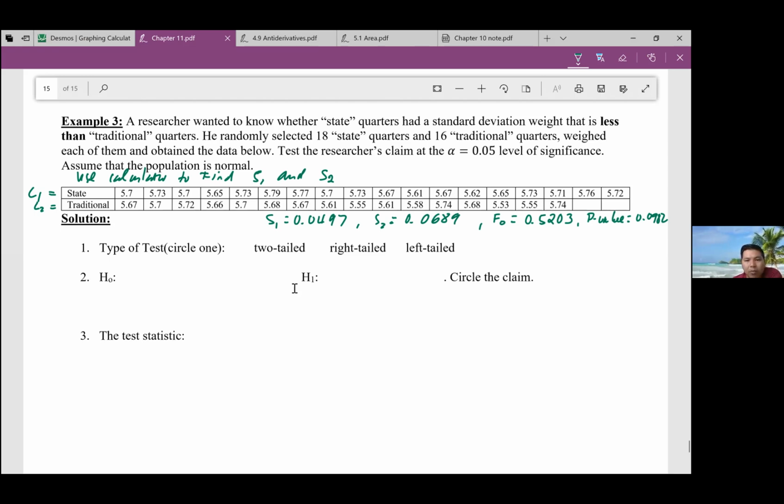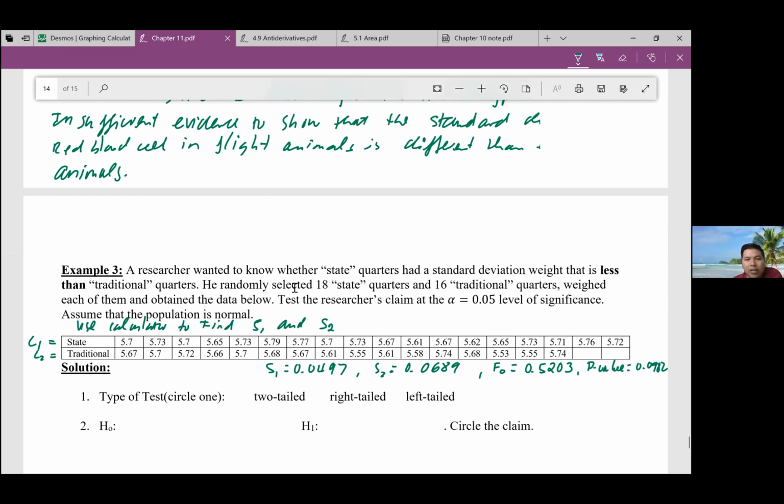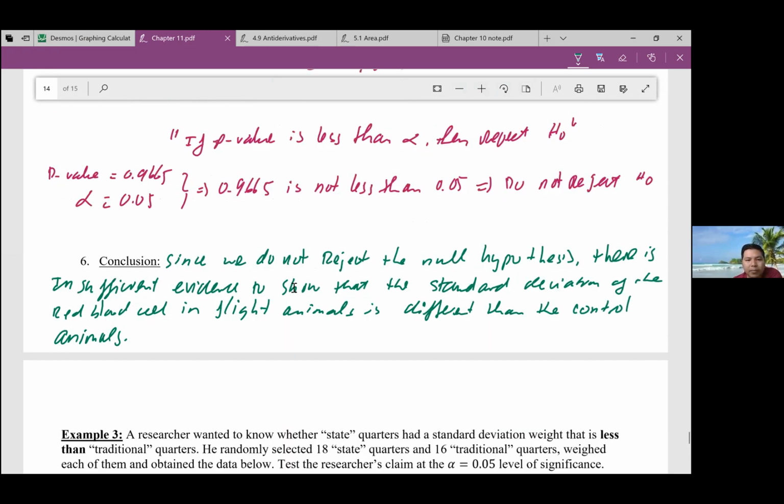Once you've got your S1 and S2, Alisa, you can just follow example 2. It's exactly the same, just different numbers. Try that.